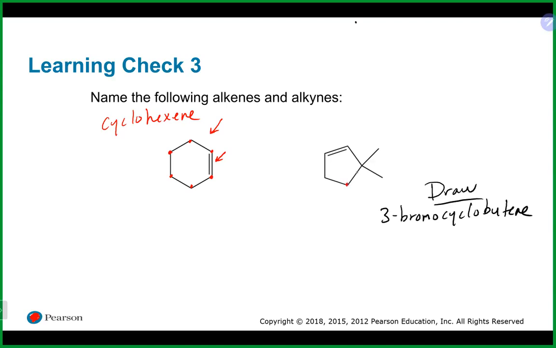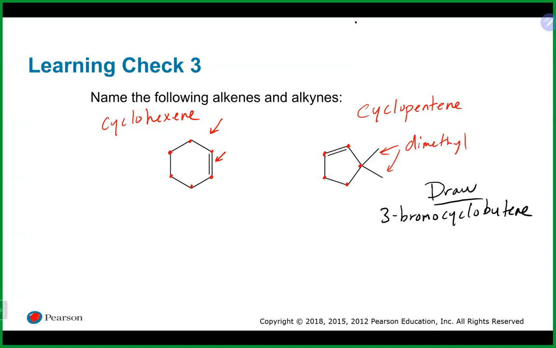Here we have a 5-member ring, 1, 2, 3, 4, and 5. That's based on cyclopentane. Because of the double bond, that will be cyclopentene. We do need to number our 2 groups here, and we have basically 2 methyl groups, which is going to make it a dimethyl situation.